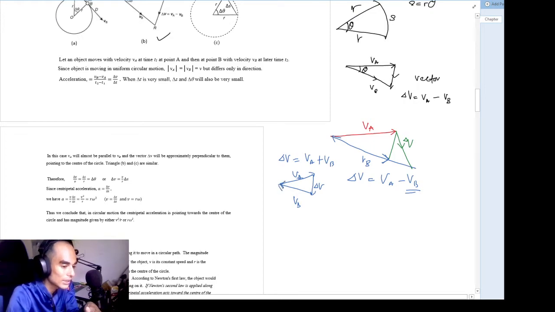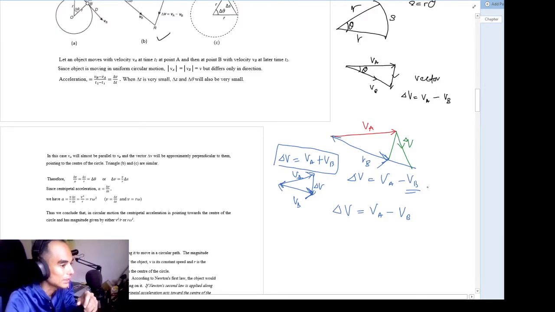Head to tail, and head to tail. So this one is VA, change of V equals VA plus VB. But because VB is pointing downwards this way, that's why change of V equals VA minus VB. This is a very simple vector. This is in maths actually.